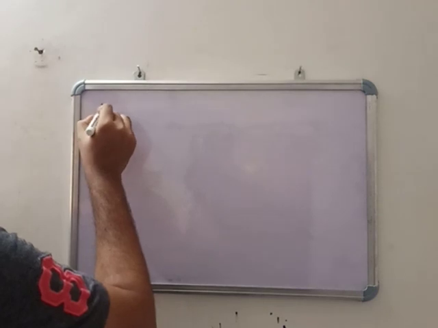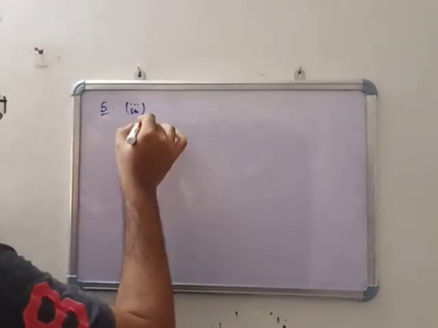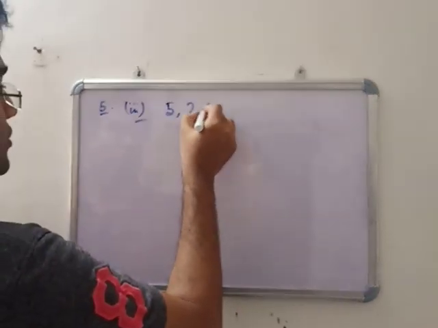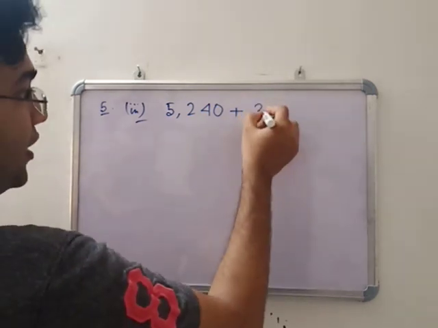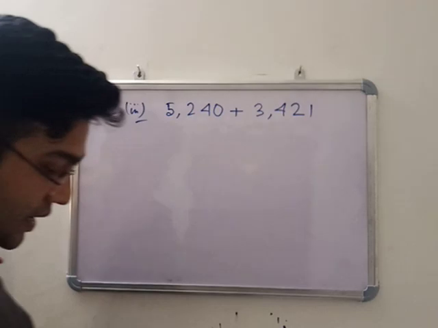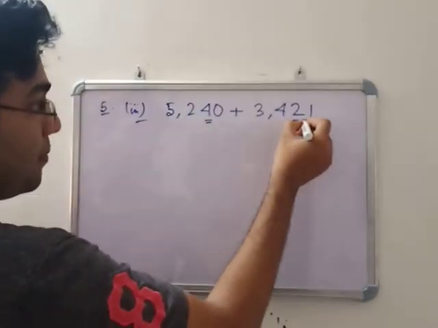Now in number 5, see that, approximate the sum nearest to 100. So nearest to 100, in number 3, see that, very easy. This is 5240 plus 3421. So nearest to 100, that means you have to see the second number.